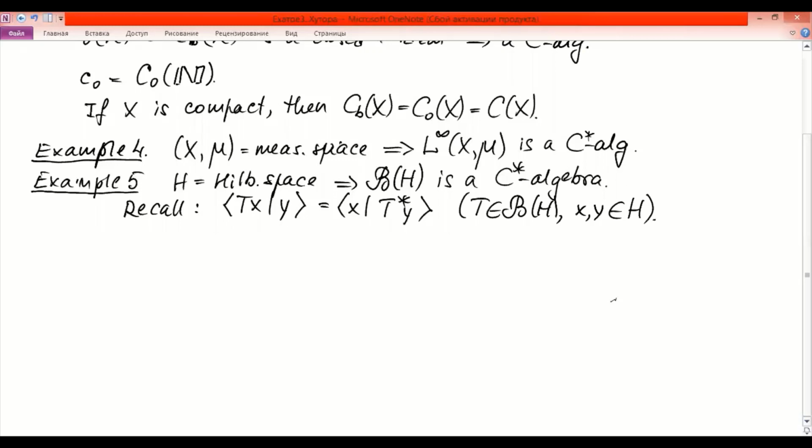In fact, there is an important result in C-star algebra theory, which states that each C-star algebra can be isometrically embedded into B of H for a suitable Hilbert space H. So this is the so-called second Gelfand-Naimark theorem. But we will not prove this result in our course.